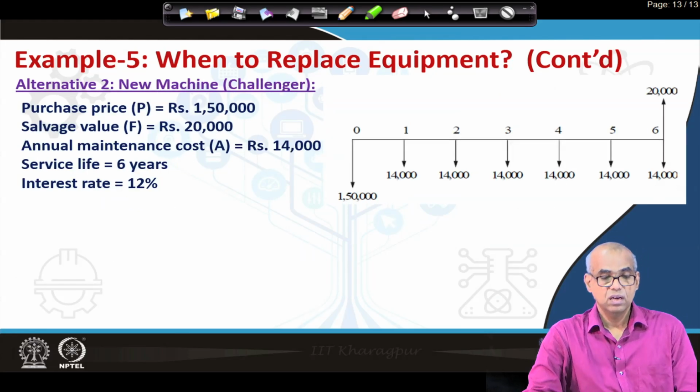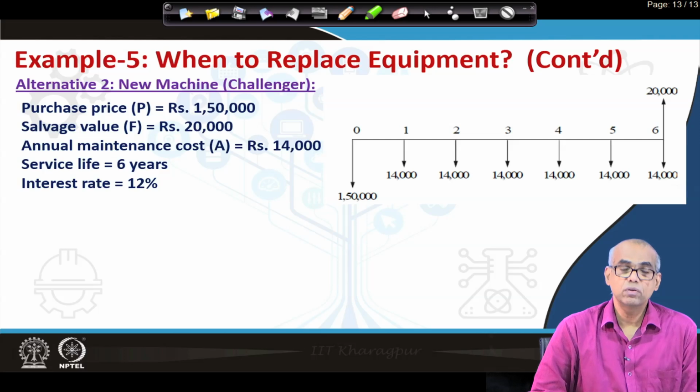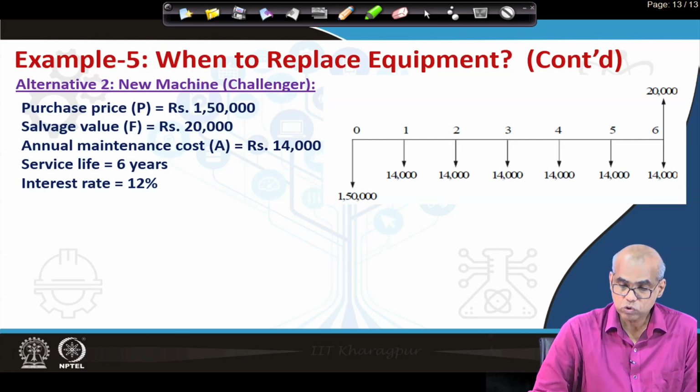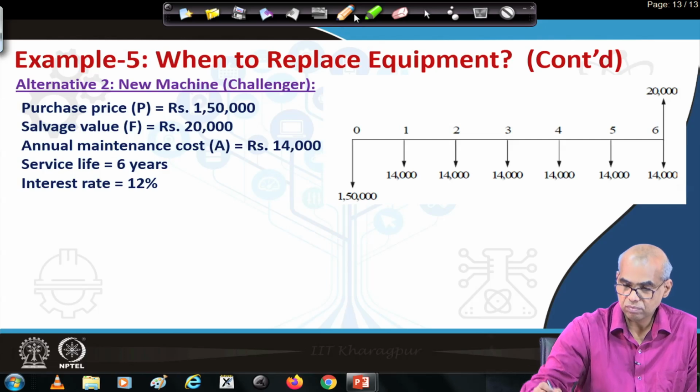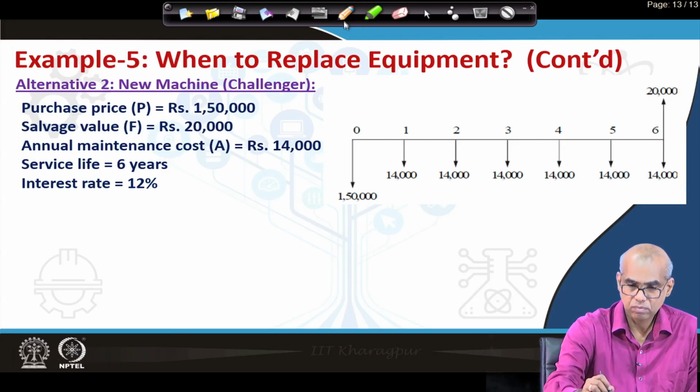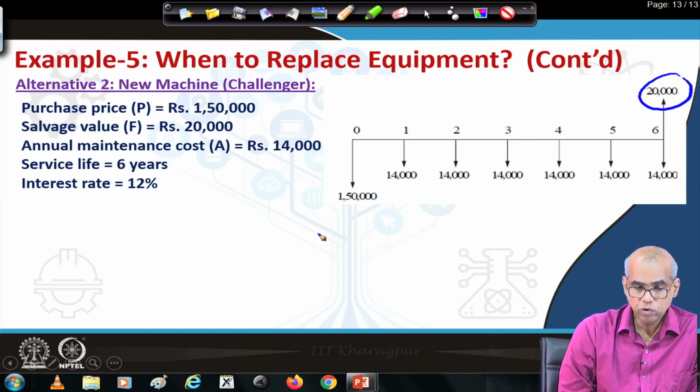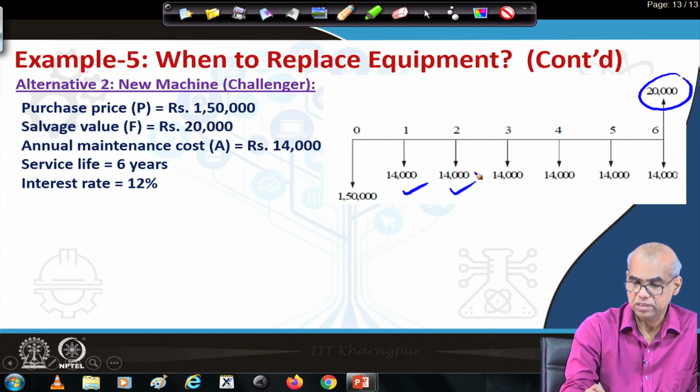Now, let us compute the equivalent uniform annual cost for alternative 2 or new machine, also known as Challenger. Here the purchase price is rupees 1,50,000 at time t equal to 0. Salvage value is rupees 20,000. Annual maintenance cost is rupees 14,000 and service life is 6 years.